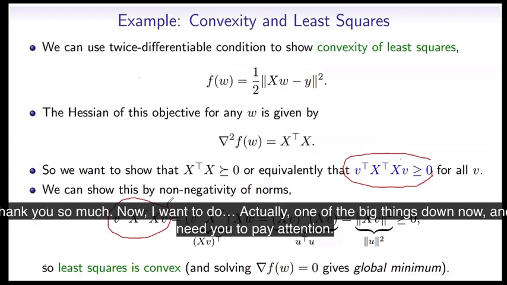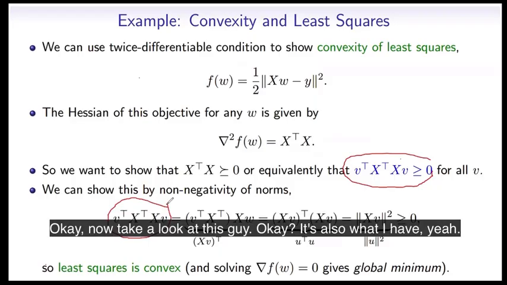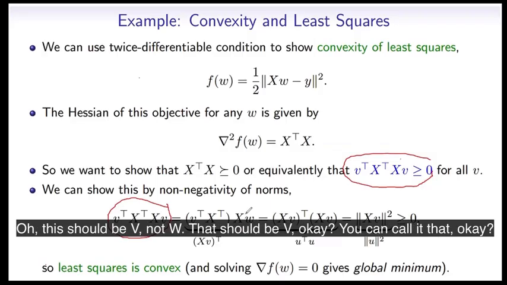Now, I actually want to break things down, and I need you to pay attention. Take a look at this guy. Oh, this should be V, not W. That should be V. Okay, you can correct that.